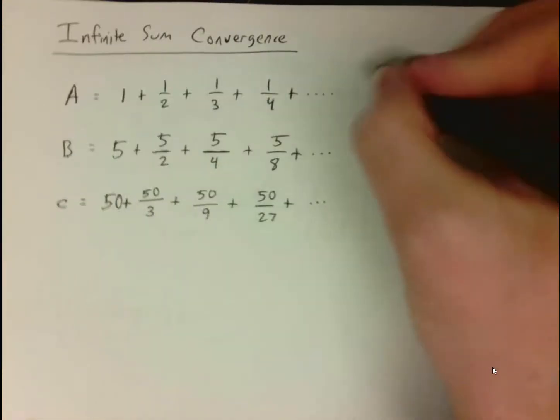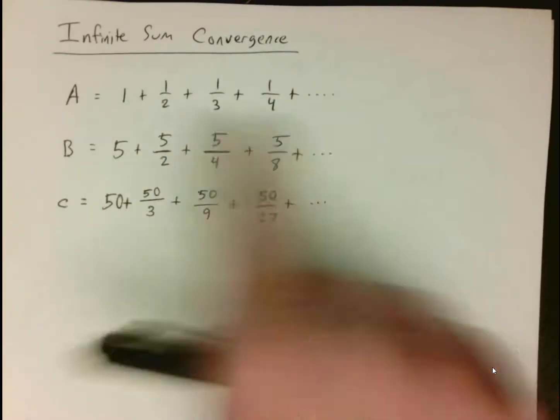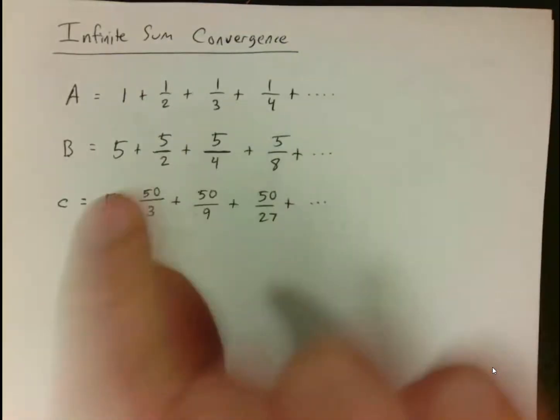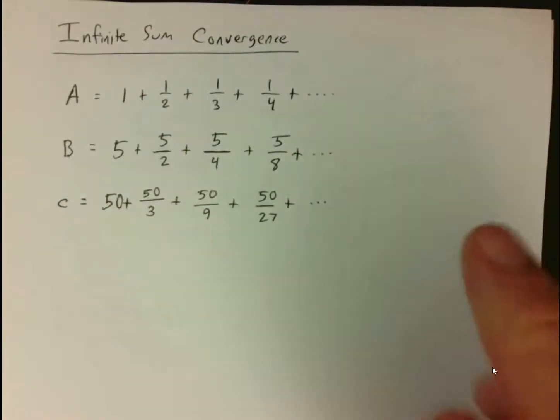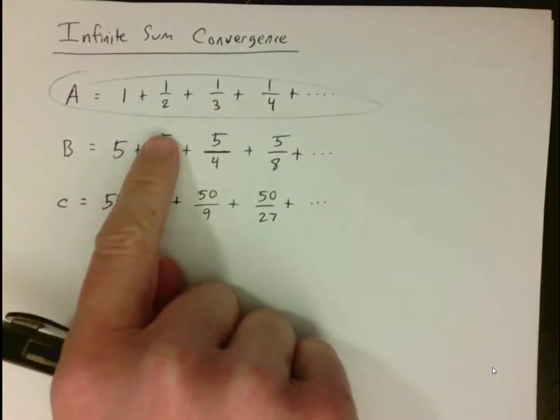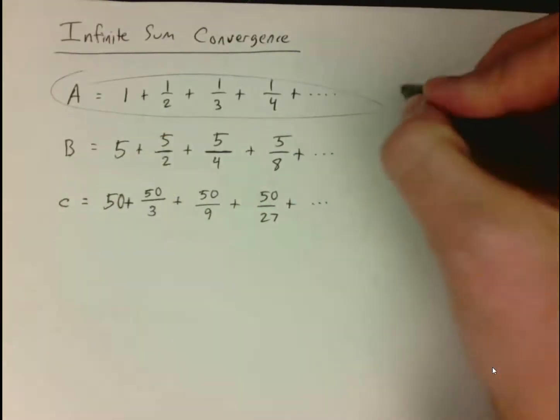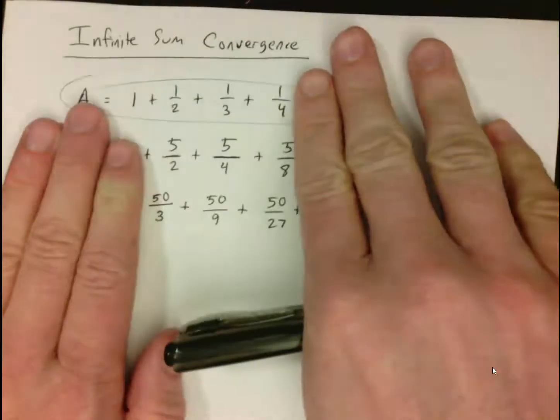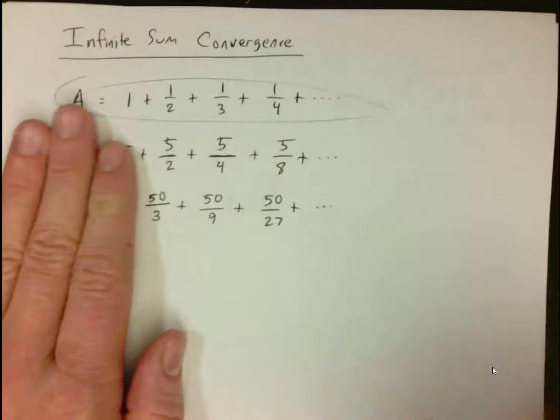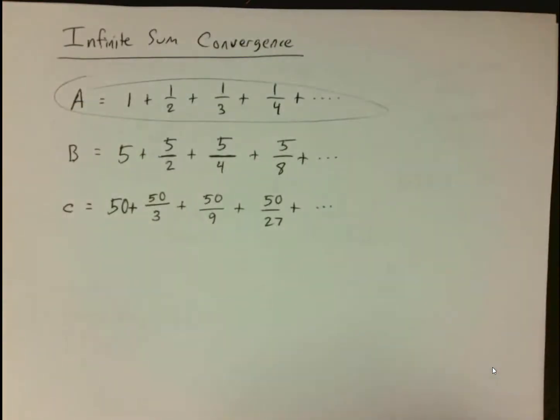So that's a situation where as I'm adding more terms, yes, my sum is getting larger, but it's getting larger by a smaller and smaller amount. So if I wanted to try and show that that converges, the approach that I might take would be, let's try and come up with an equation that will tell me what is the nth partial sum, and then look at what happens to that equation as n approaches infinity. So that's something that you could try.